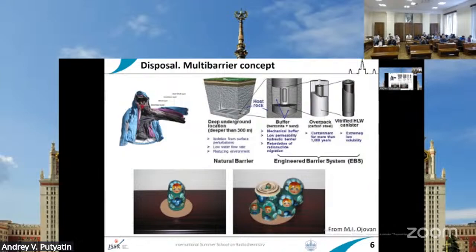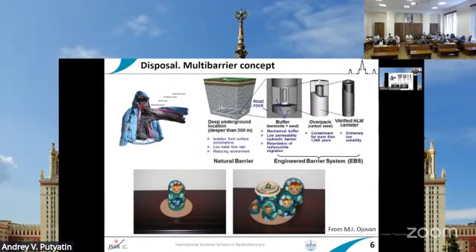So the biggest barrier, as I mentioned, is the geological media. Depending on the type of the radioactive waste, the repositories or disposals can be different. The deep geological repository is typical only for high-level waste. We will see further some other examples of the repositories. But then we have the solidified form of the radioactive waste, or compacted form if the waste were already solid.